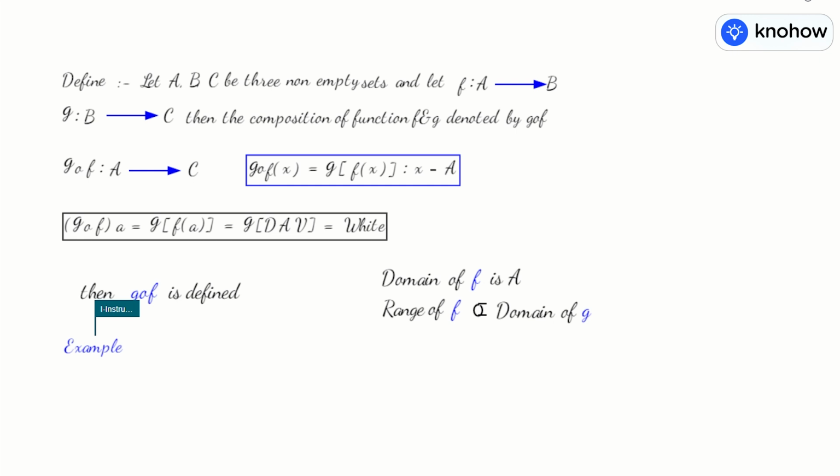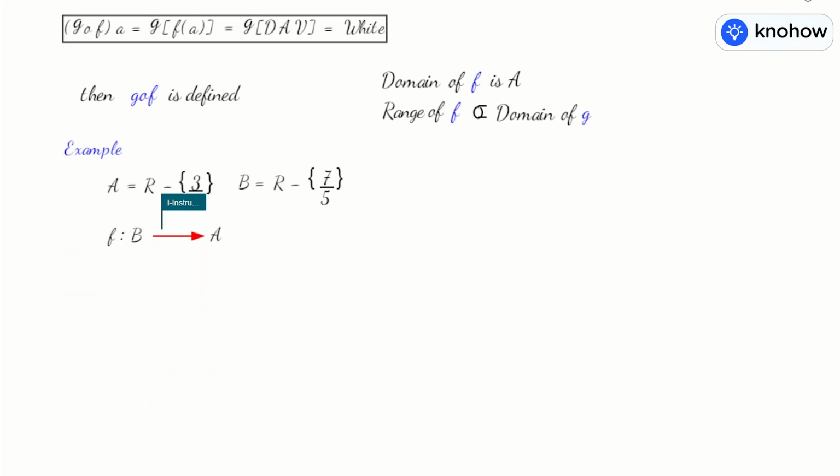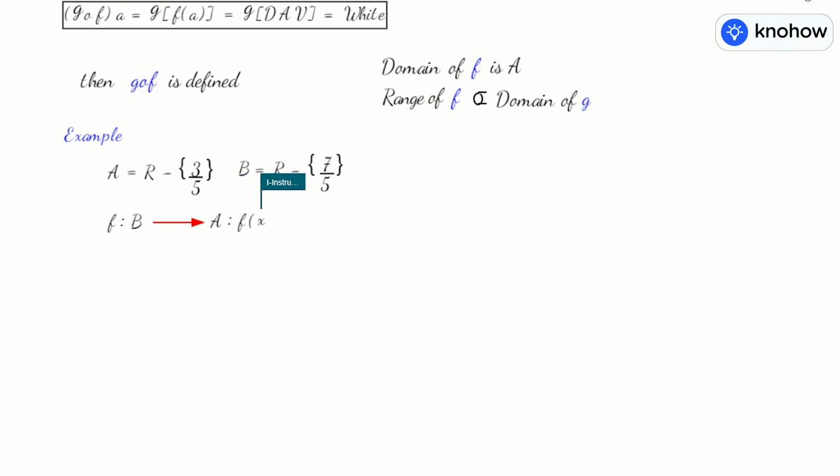Here is given a set A, the set of real numbers except 3 by 5, and a set B, again the set of real numbers except 7 by 5, and a function f is defined from set B to A such that fx equal to 3x plus 4 divided by 5x minus 7, and a function g is defined from set A to B such that gx equal to 7x plus 4 over 5x minus 3.